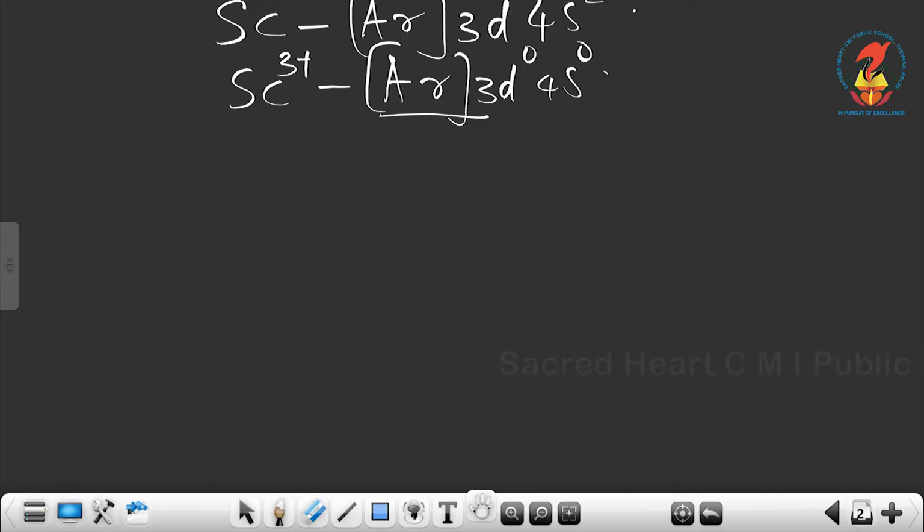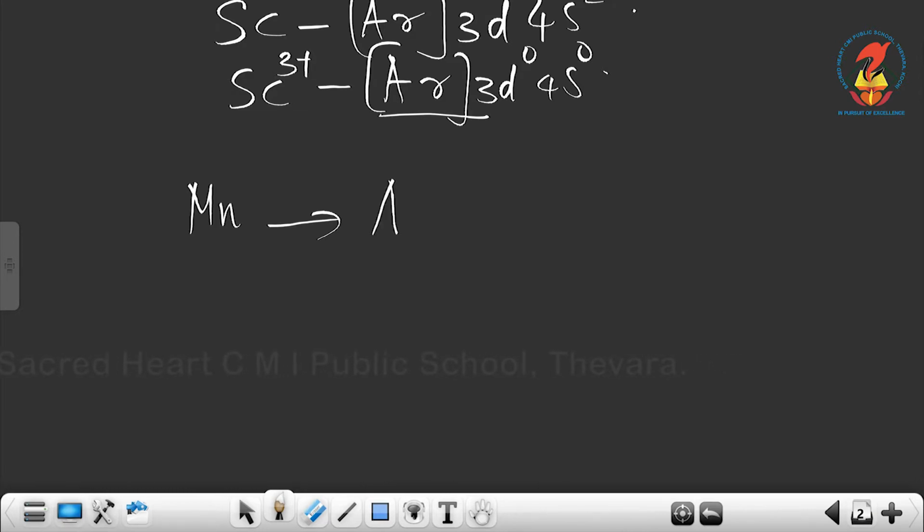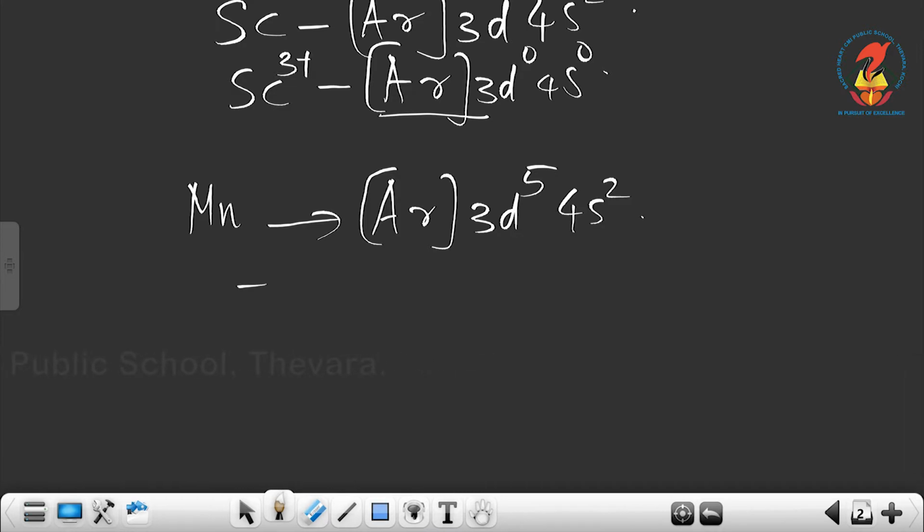In the first transition series, in the middle we have the element manganese. You know the configuration of manganese is argon 3d5 4s2. And manganese can exhibit the oxidation states +2, +3, +4, +5, +6, +7.